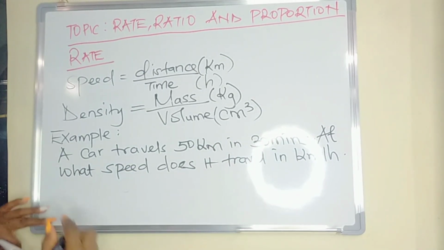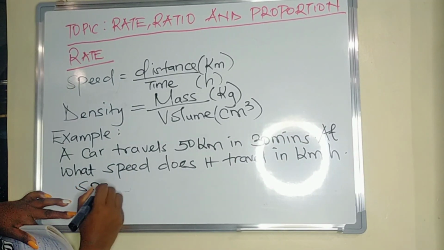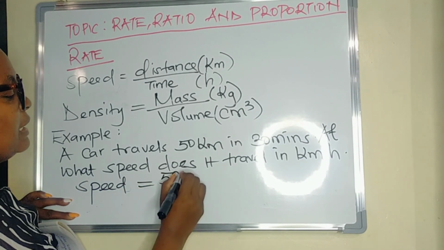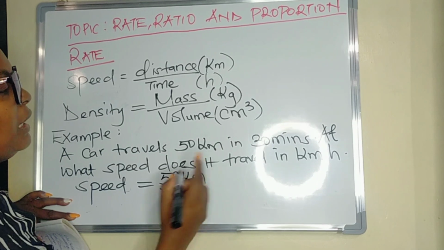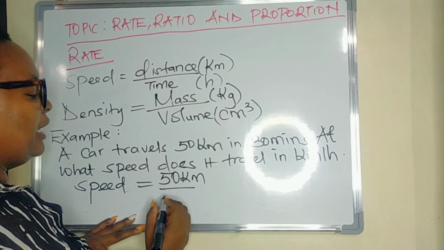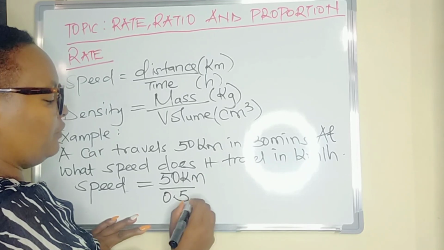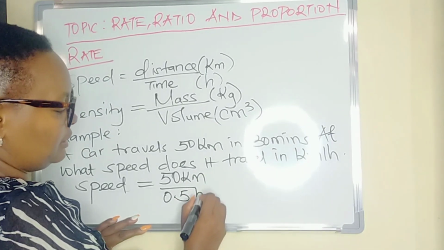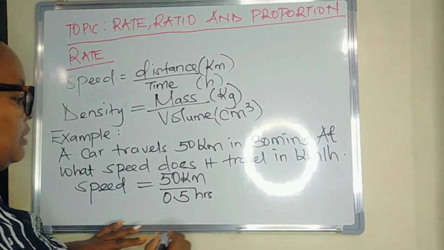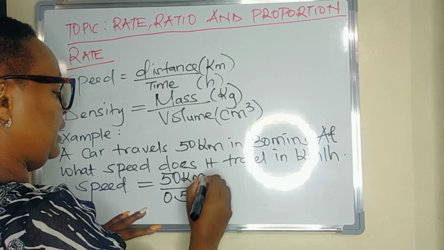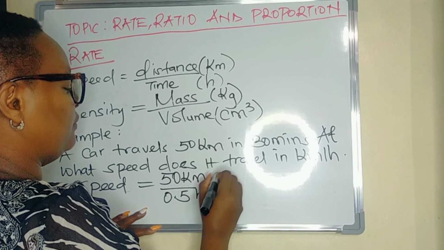So, our speed will be equal to distance, which is 50 kilometers, over time in hours, which is half an hour. Half an hour can be written as 0.5 hours. So this is equal to 50 divided by 0.5.